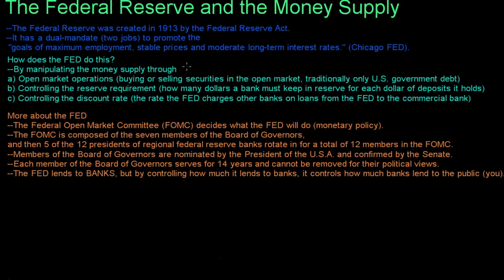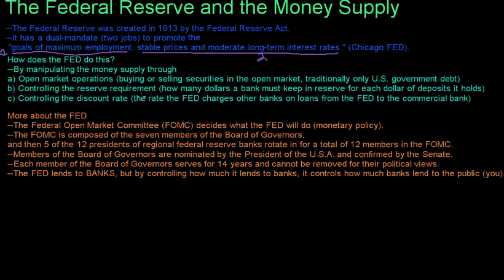These two kind of go together, stable prices and moderate long-term interest rates. And then maximum employment is the other one. We'll call this mandate number 1, and this will be mandate number 2. And you can see, if you start thinking about our aggregate demand and aggregate supply model, how these two can conflict. And we'll talk more about that in the next video.